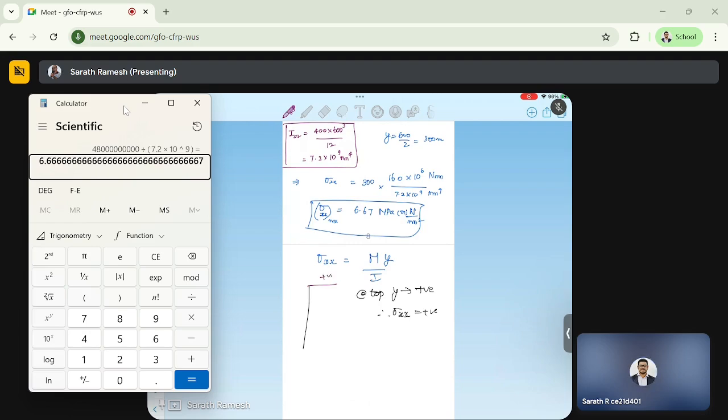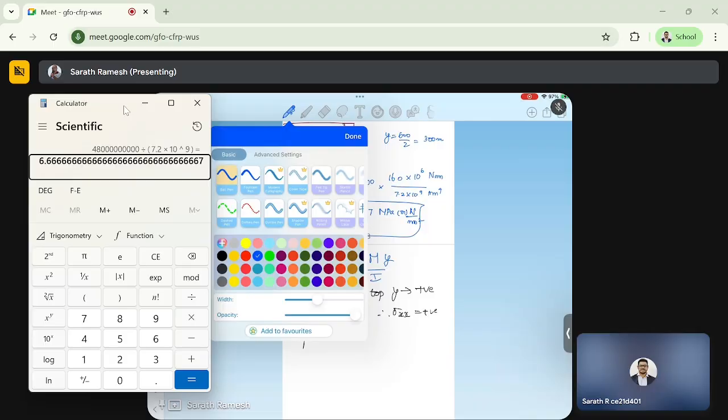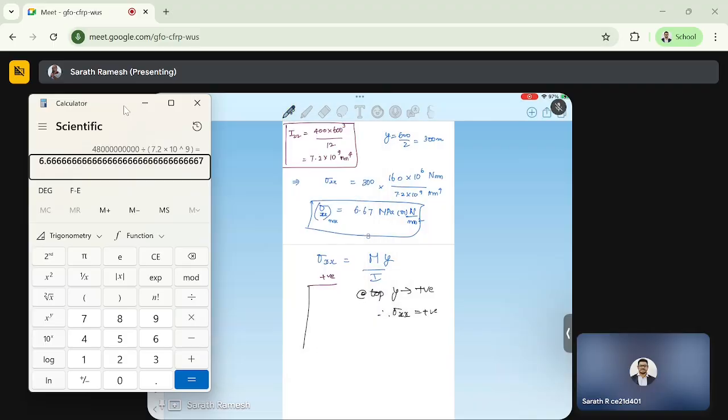This is positive. And at the bottom, my y is negative, so sigma xx will be negative. When we join this, we get a variation like this.